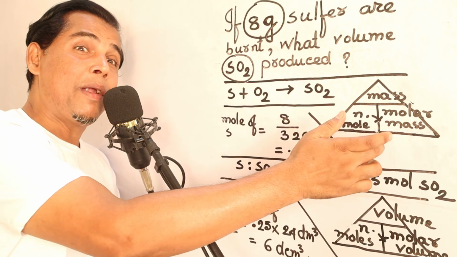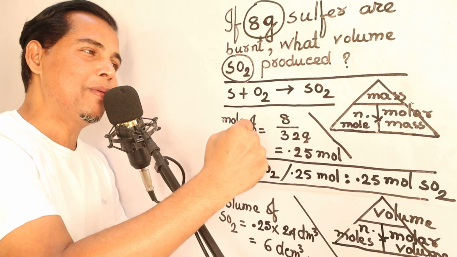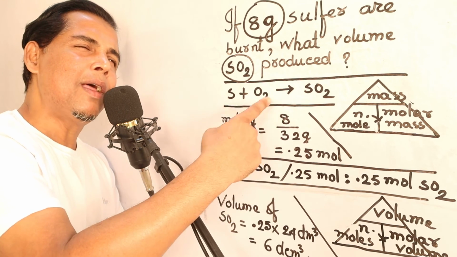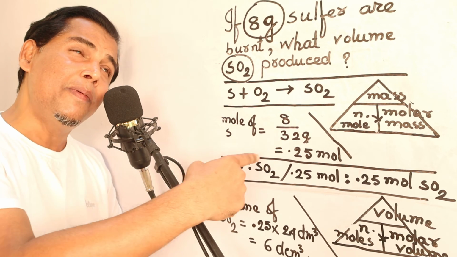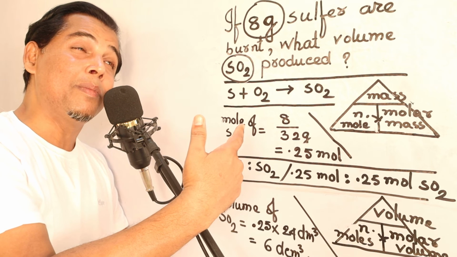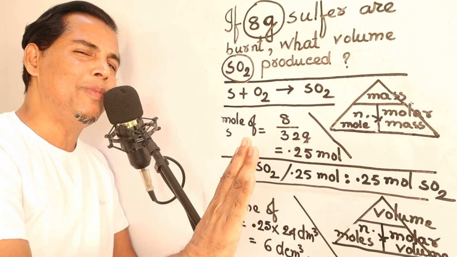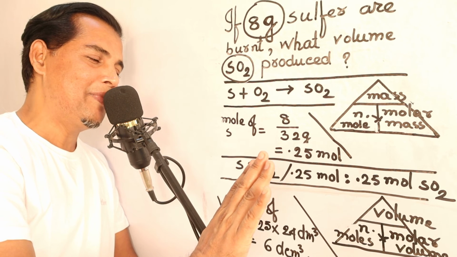This pyramid is the reliable mechanism for getting the formula. From here I'll get the number of moles, and then the formula volume is equal to number of moles times molar volume. Molar volume is always fixed, 24 cubic decimeters.